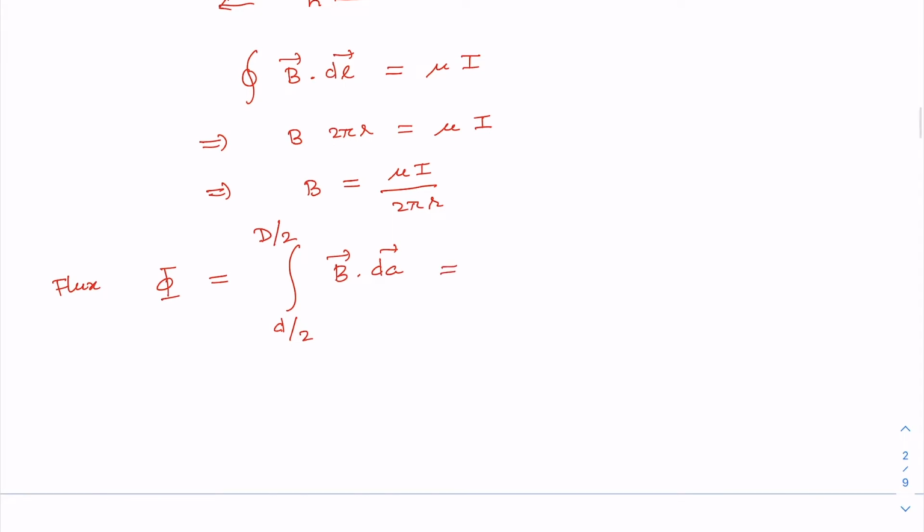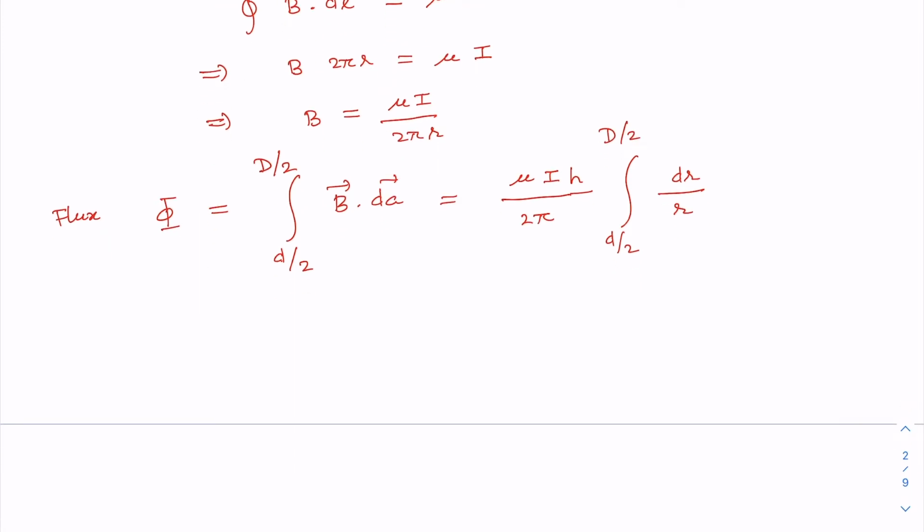If I put the expression for the magnetic field, I can take out mu I h by 2 pi, and here I have dr by r, with the integral limit from small d by 2 to capital D by 2. In a similar way we know that this would be simply mu I h divided by 2 pi logarithm of capital D by small d.